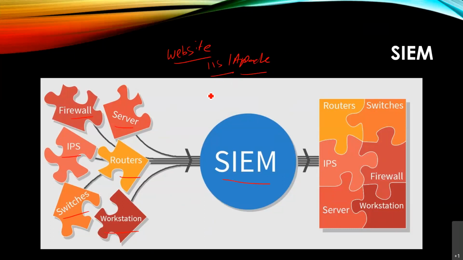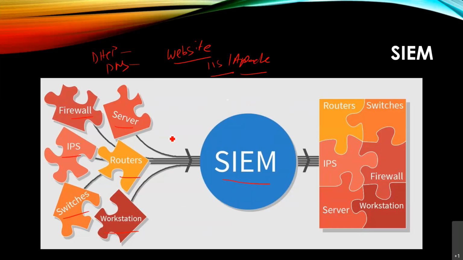Or say you have some DHCP or DNS servers, it will also collect logs from all these devices. After collecting the logs from all these devices, SIM puts all the logs in one place and tries to analyze and understand what each and every device is trying to tell you.